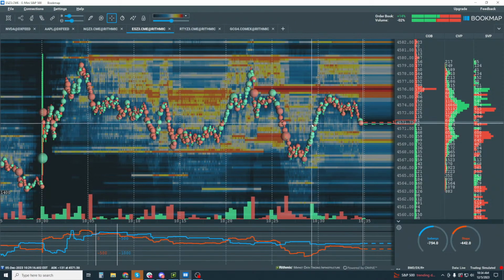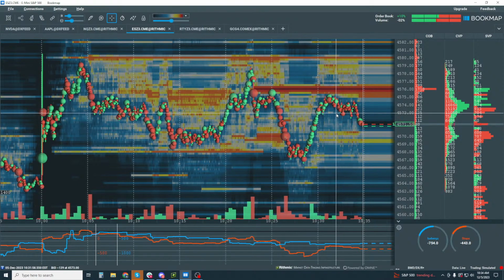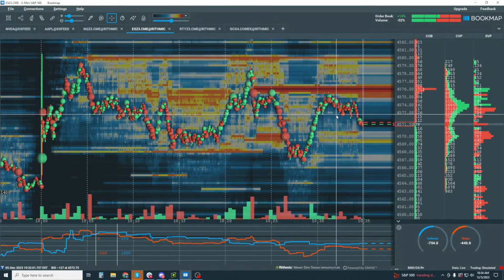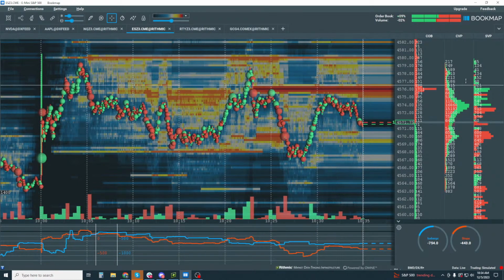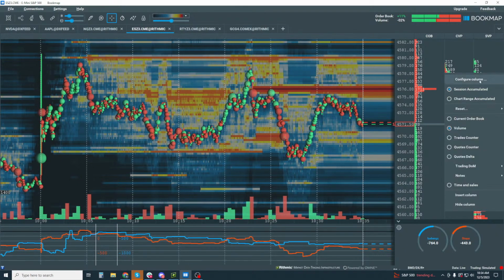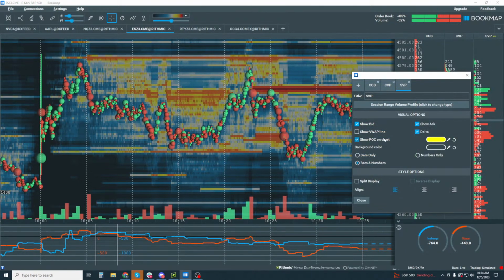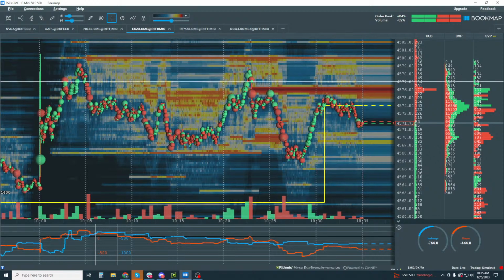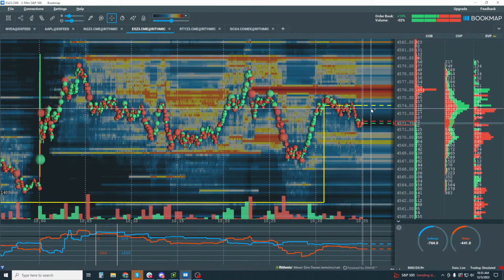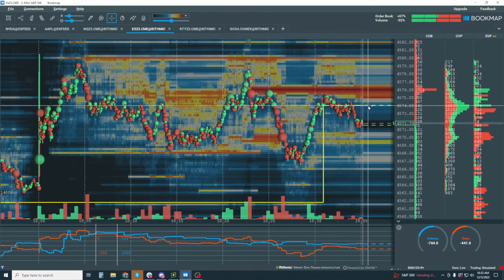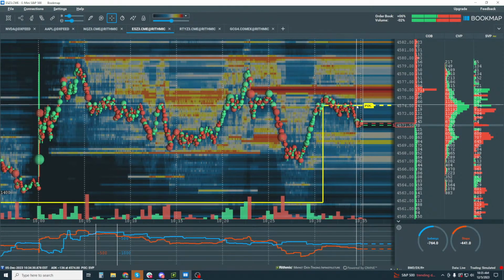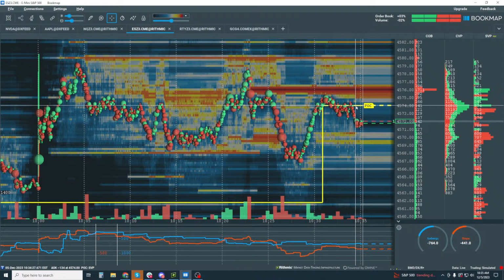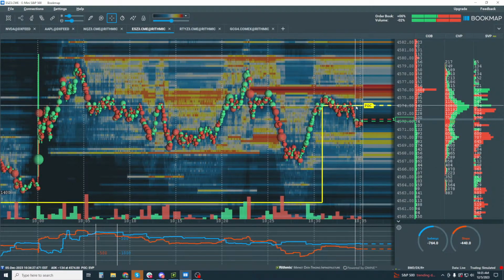Stephen, I'm going to challenge you on the VPOC. There's something I really like about the point of control. First off, it's basically an average, and we're assuming it's showing value, but what it's really showing is transactions.